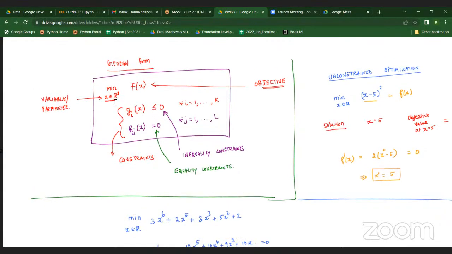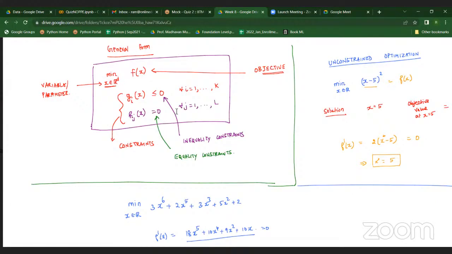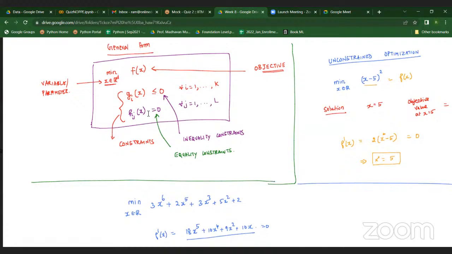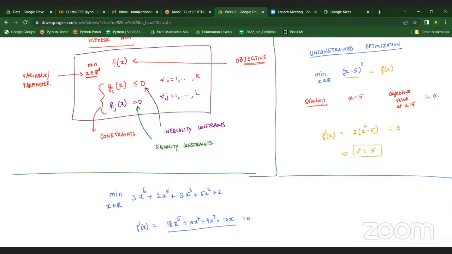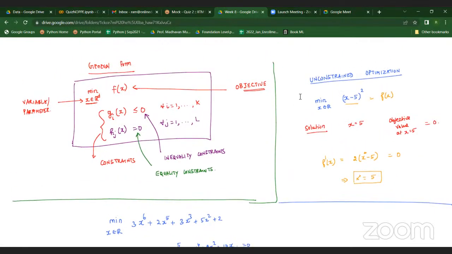Based on those constraints only, we should choose the value of x. Less than or equal to and greater than or equal to are called inequality constraints, and then there are equality constraints also. The unconstrained optimization problem is where we do not have these inequality or equality constraints.